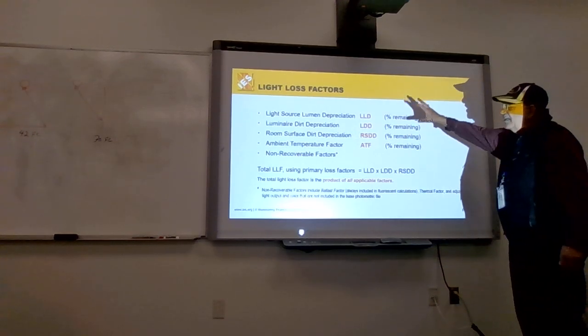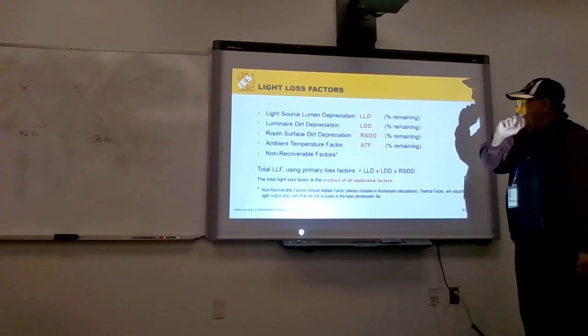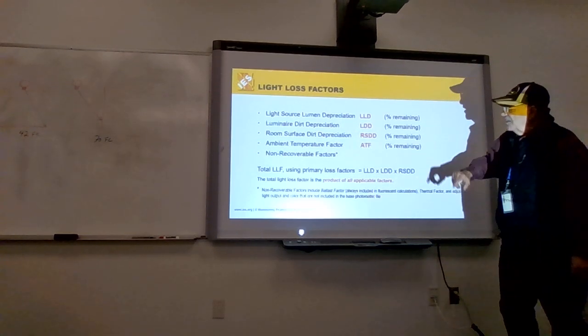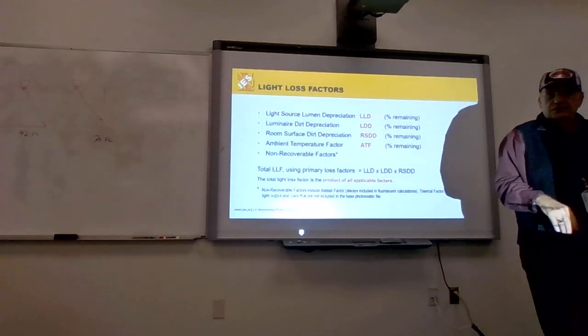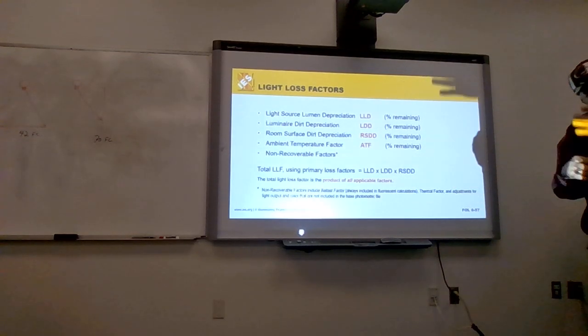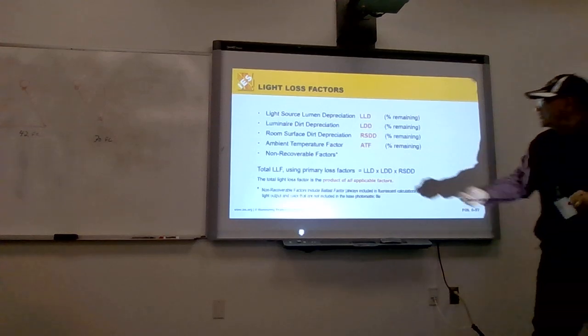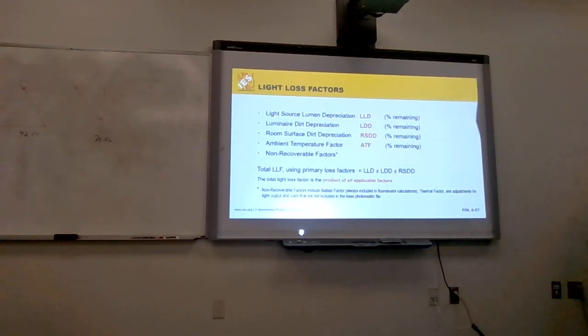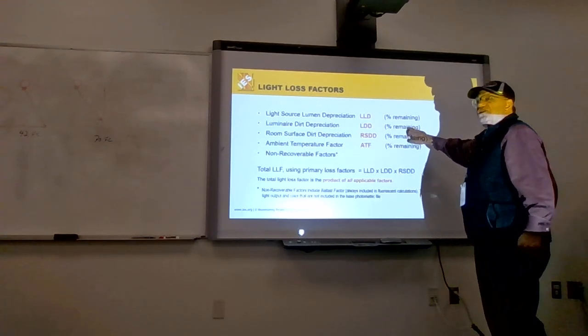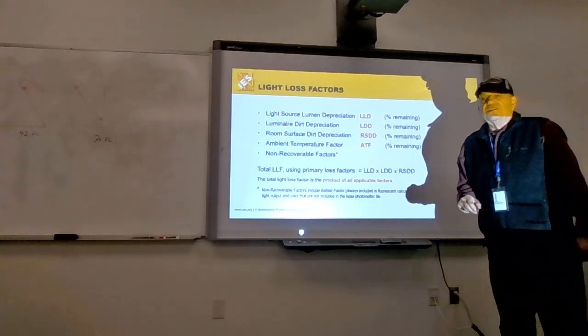And so we can alter the total light loss factor if we know all of these factors. Now, in the example that we're going to demonstrate today, we are going to be able to tell you what these factors are. I sent you a chart. And the chart actually will predict, based upon the environmental conditions, what the dirt depreciation might be for a particular environment.